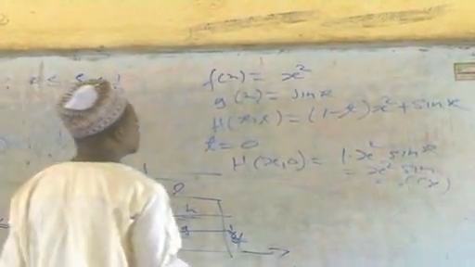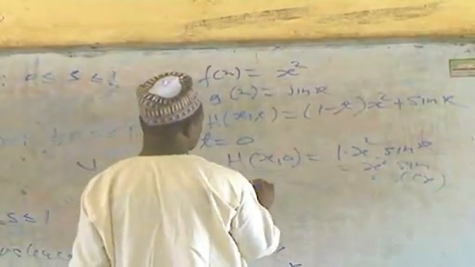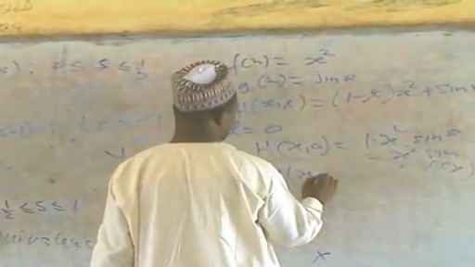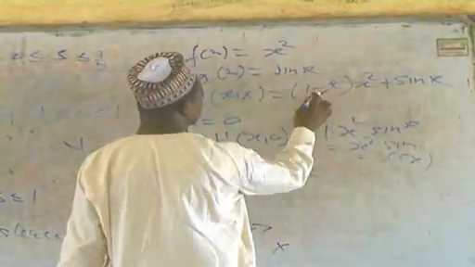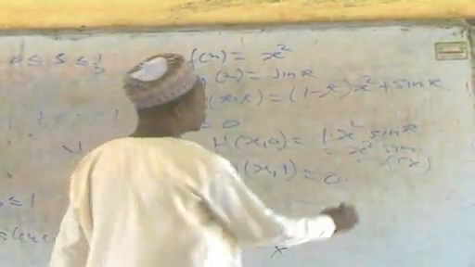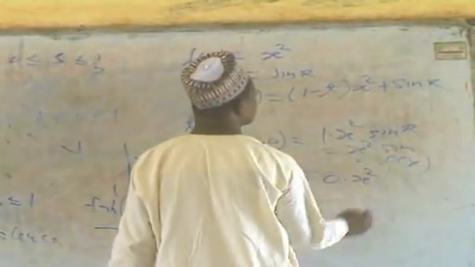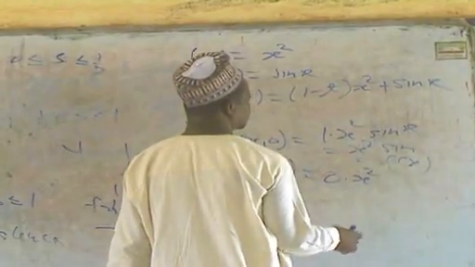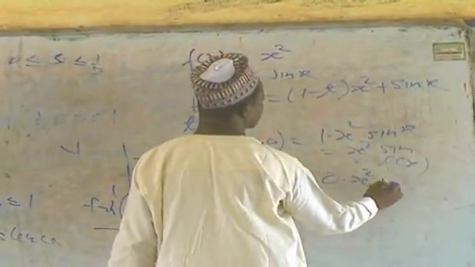What about if t is 1? h of x, 1 will be 1 minus 1, which is 0, times x squared, plus sin x.